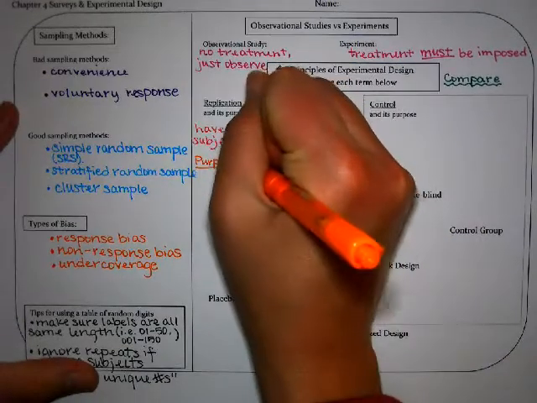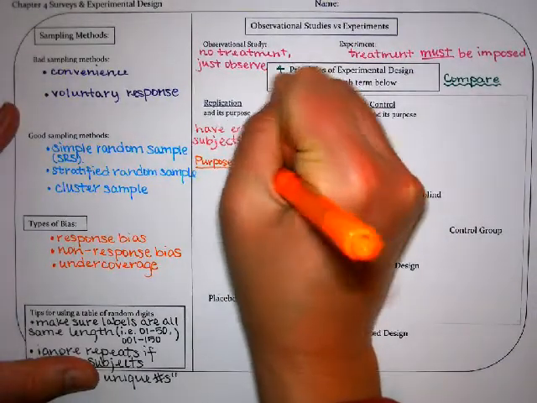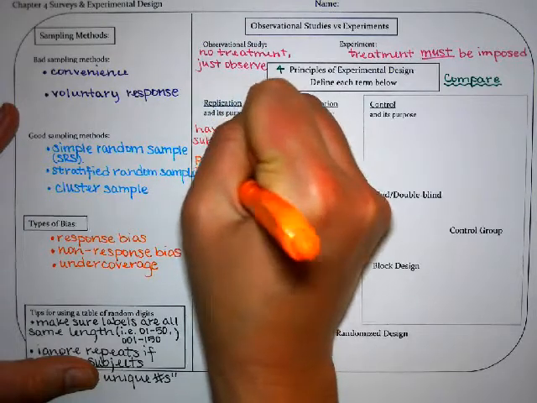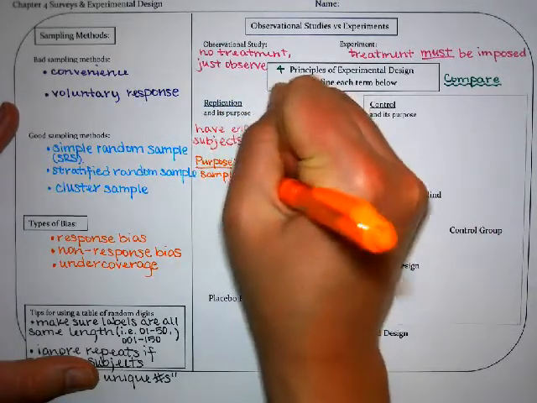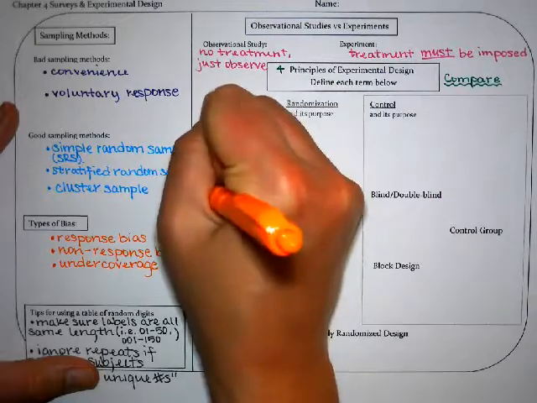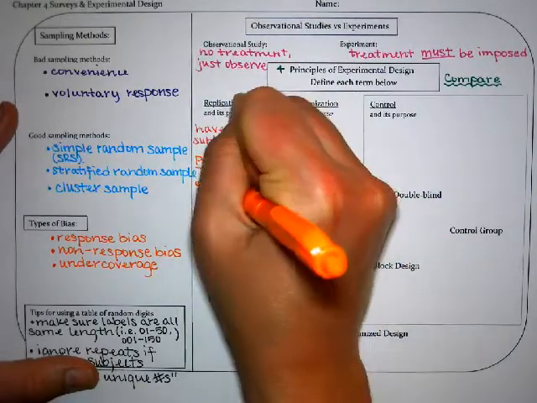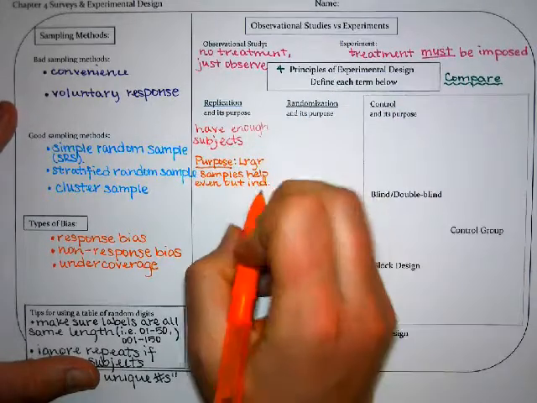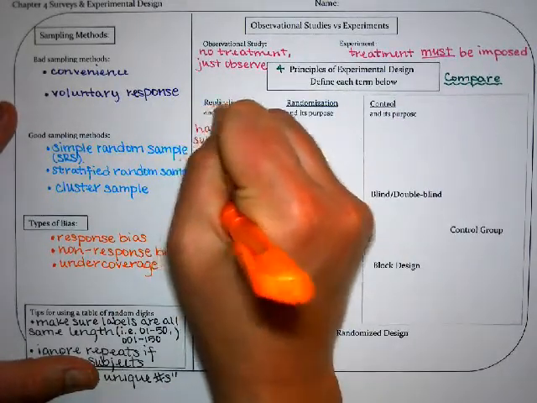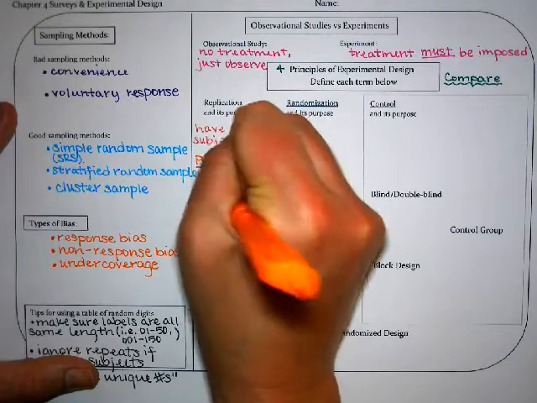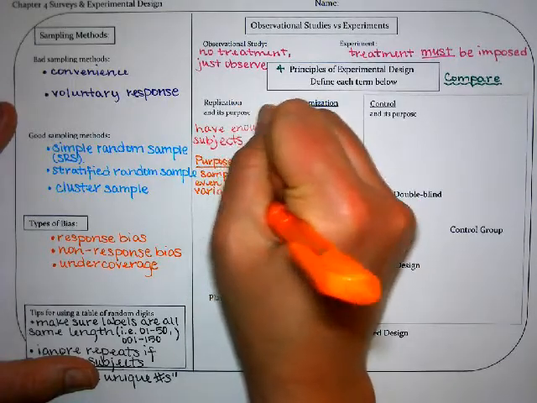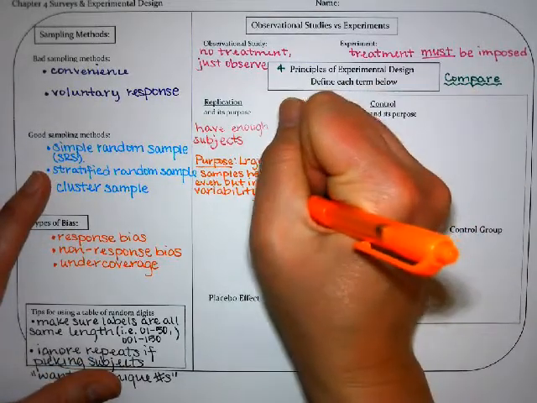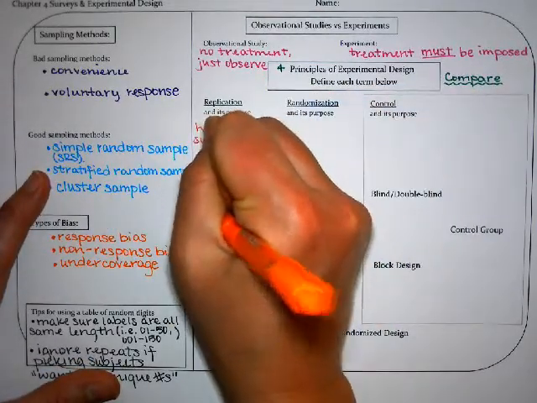I'm going to abbreviate larger. Individual. Okay, that's my abbreviation there. Variability. Lessens confounding, effects of confounding.